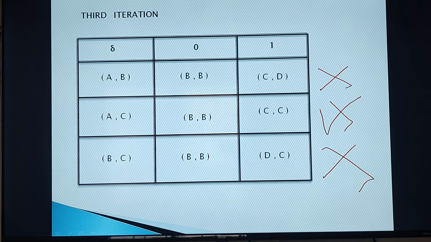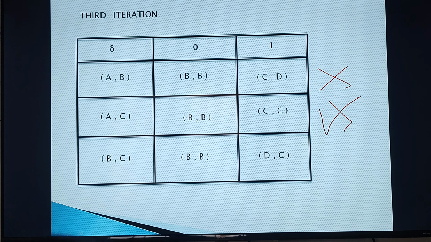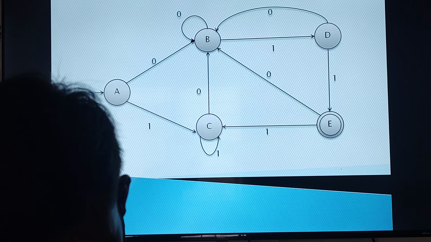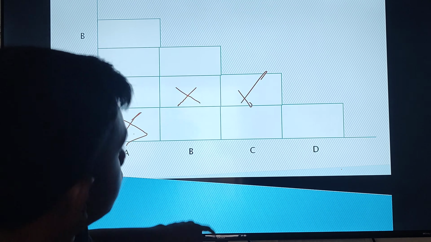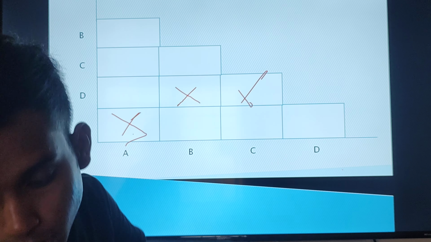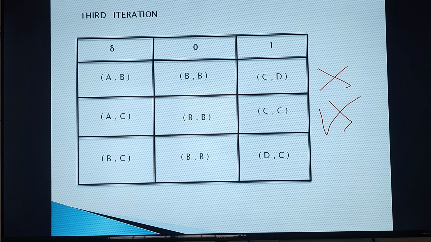Now D comma C is marked in this diagram, so we have to mark that on the transition table as well. So this will be marked.